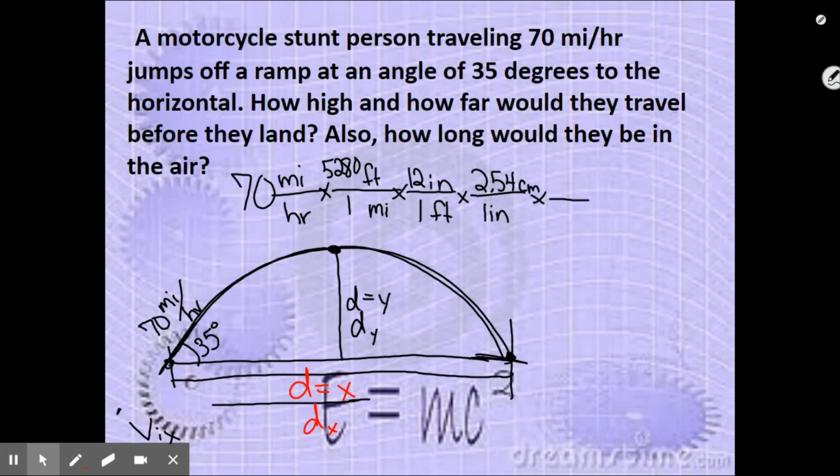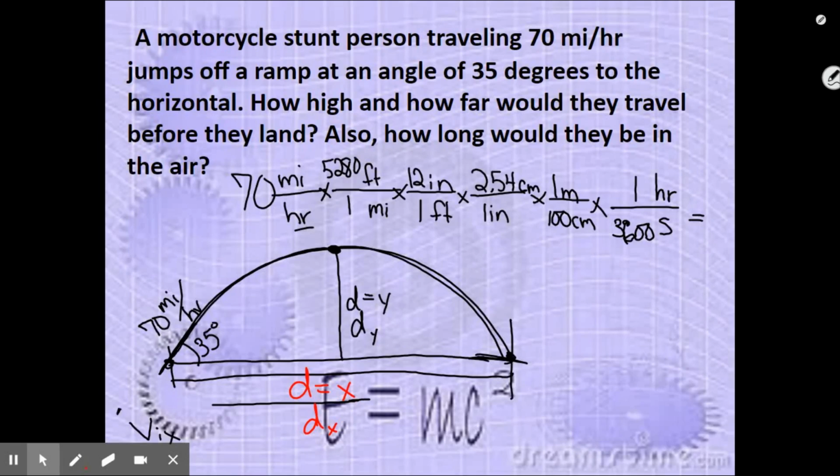And then we've got 100 centimeters is equal to 1 meter. So that takes care of the miles and meters. And now we got to get hours into seconds. So since hours on the bottom, now it's going to be on the top. Seconds on the bottom, so 3,600 seconds in 1 hour.